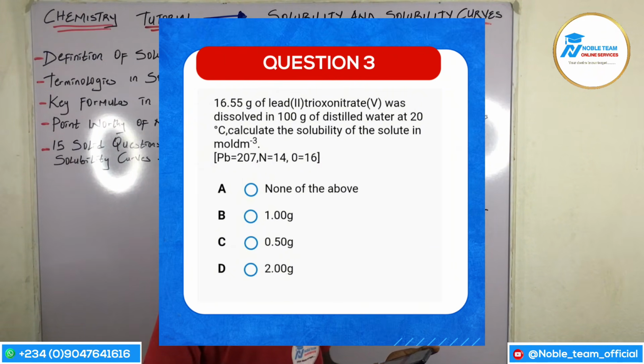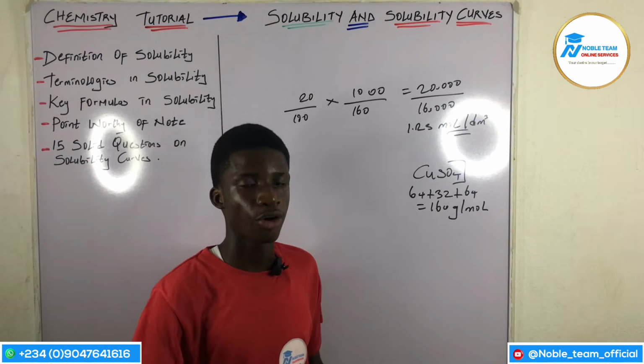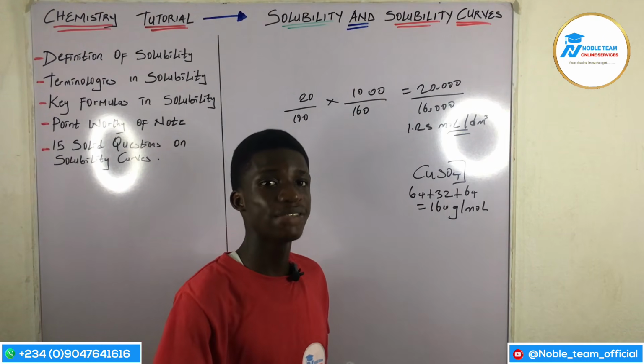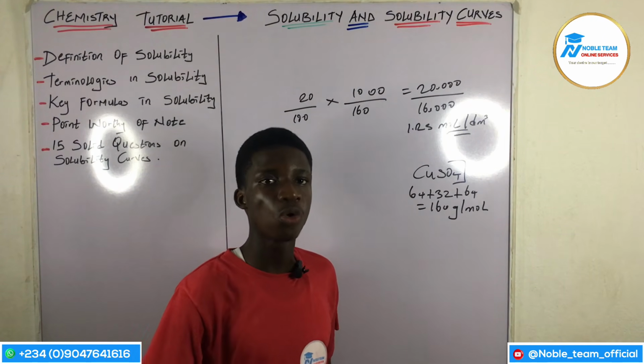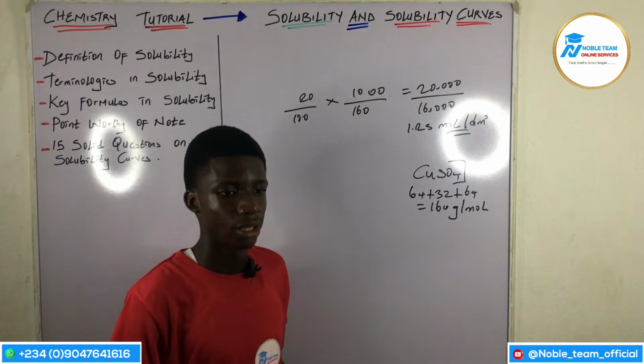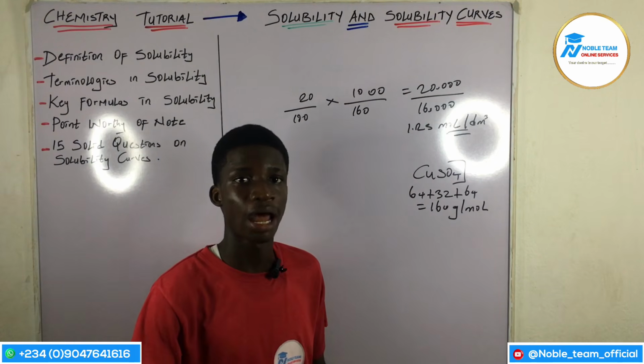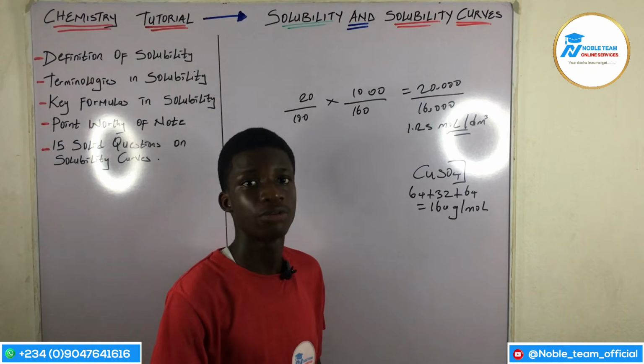Now I want you to take note of this: for you to be able to master solubility very well, you need to know how to calculate molar mass, and also know how to get the chemical formulas of a compound by name.